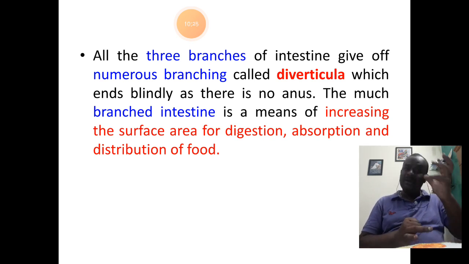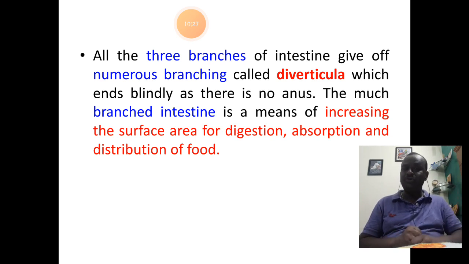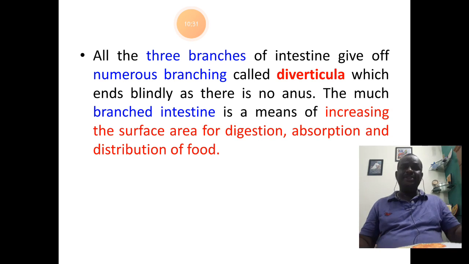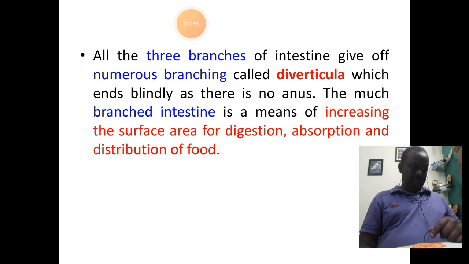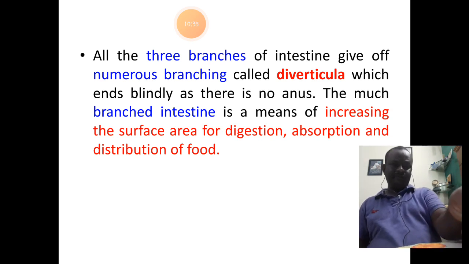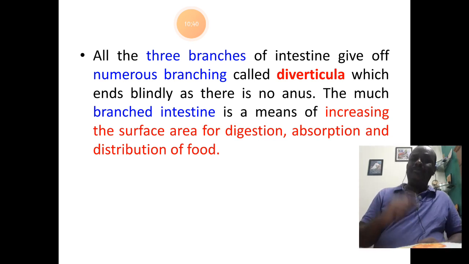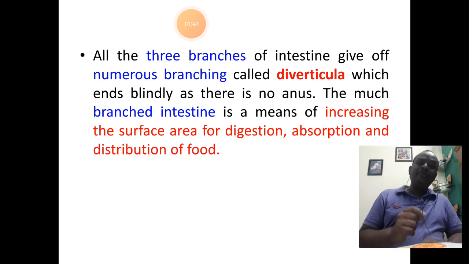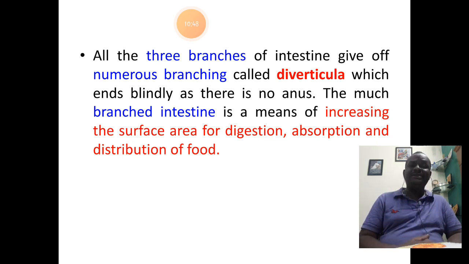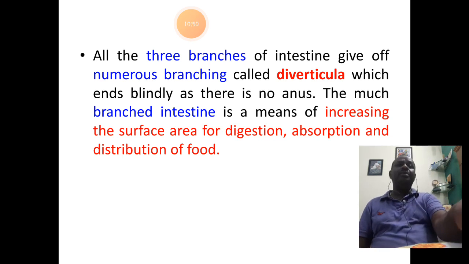The second is the reabsorption of nutrients, and it also increases the space for the distribution of food. So that's about the importance of the intestine. A branched intestine or branched gut is found in platyhelminths, especially Planaria.